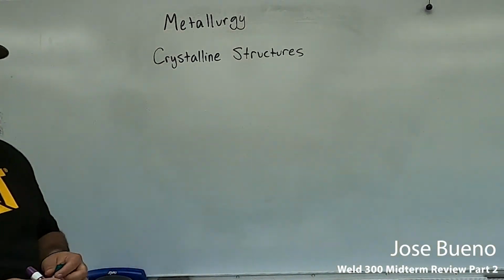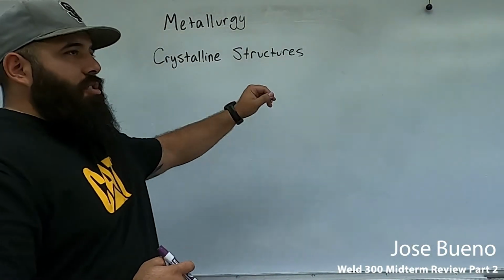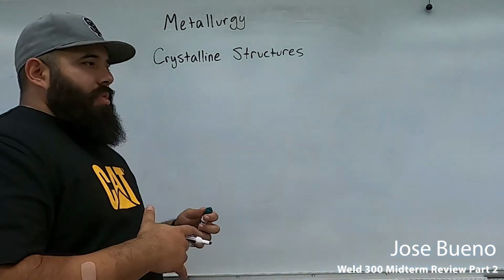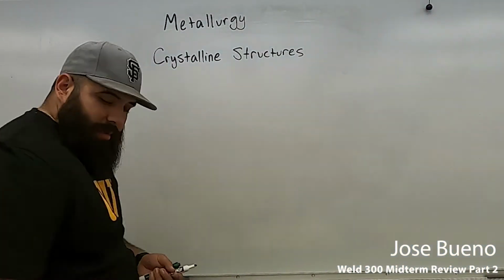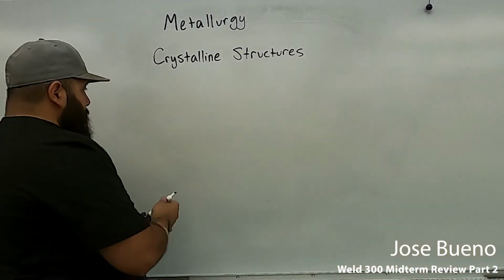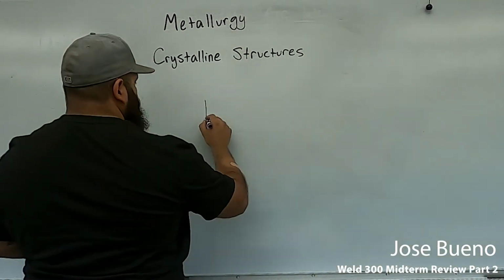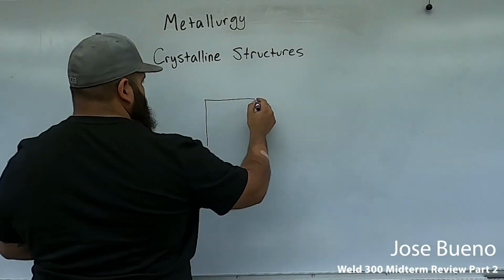Now, when we start talking about crystal structures, think of everything as a cube. So let me get a cube going for us, and forgive my drawing if it doesn't come out too good.